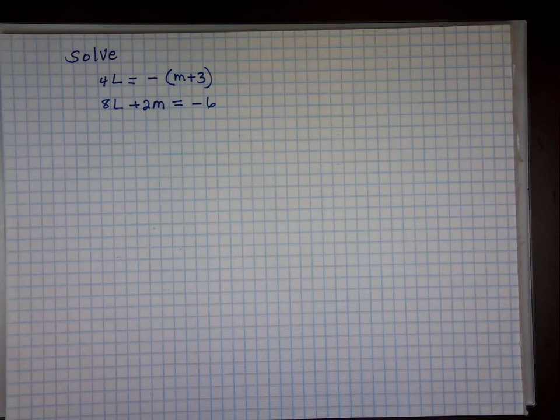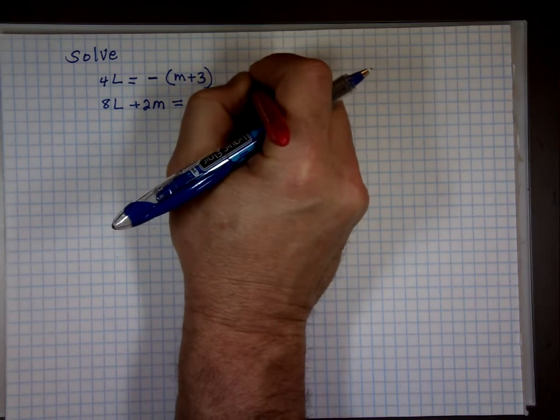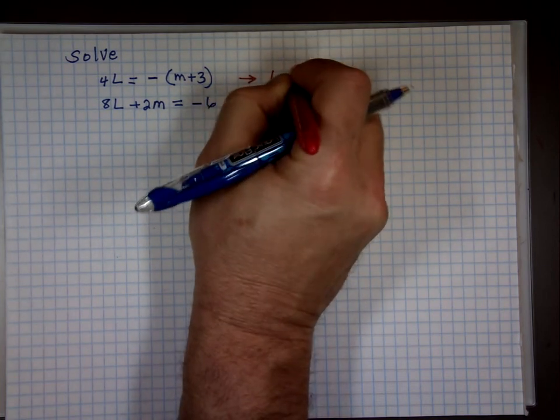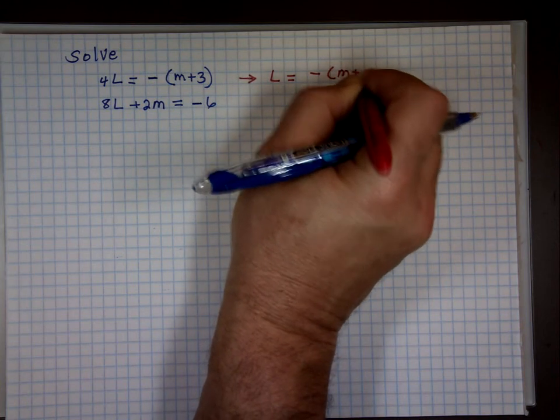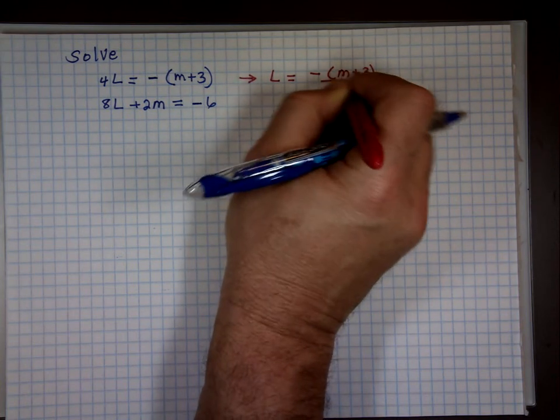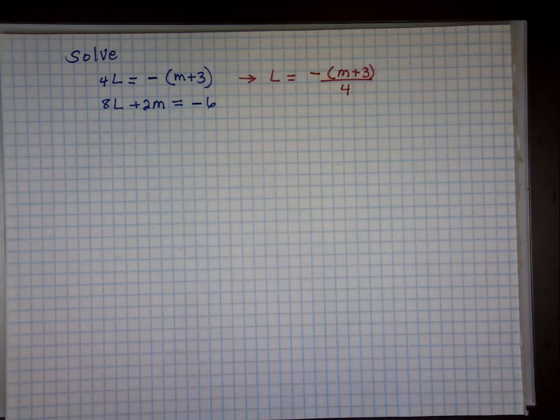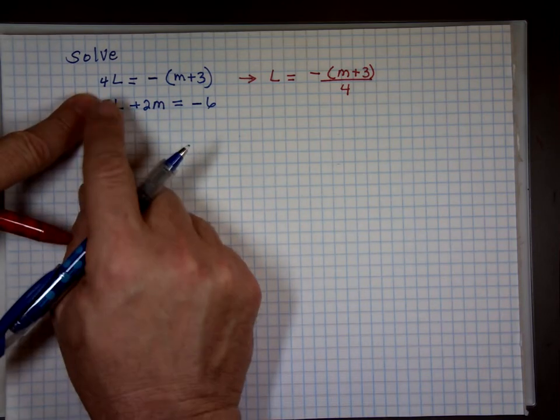But it's not really a fraction because if you look at that, to solve for L, you're going to divide by 4. You're going to have negative m plus 3 over 4. It's easy to solve for L. The reason I say it's not really a fraction is because L is multiplied by 8. When you multiply 8 and you get 4 on the bottom, they cancel each other out.